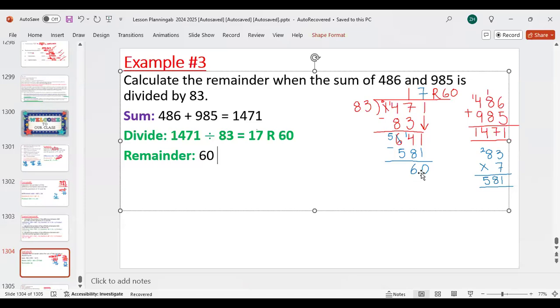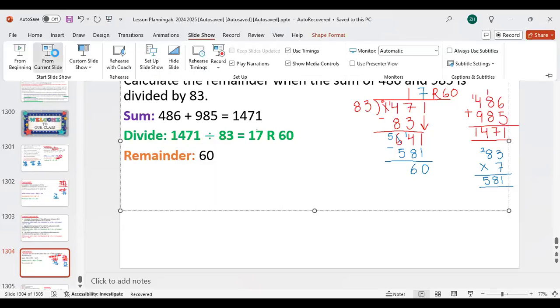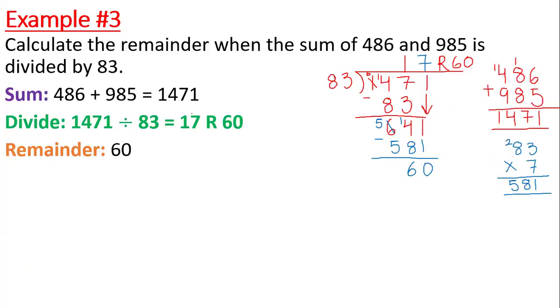Why is it R60 though? R stands for remainder. So 17 remainder 60. Do y'all understand this, or do I need to do another one? This one right here is the remainder.